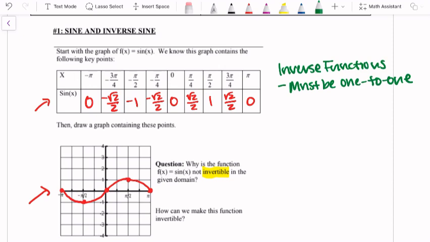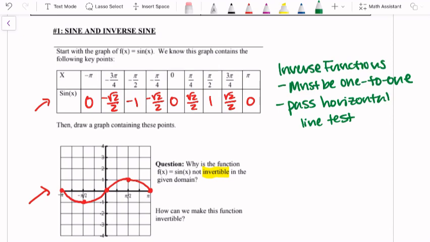Okay, and what does 1-to-1 mean? Well, that means that it has to pass the horizontal line test. Okay, because that means that every single x value and every single y value have to be unique to each other. So just like a function, we can't have more than one y value connected with an x value. Each y value has to be connected to only one x value.